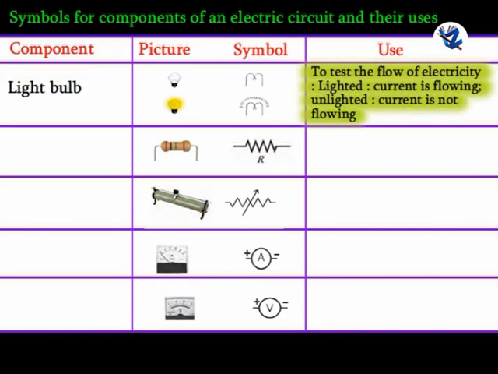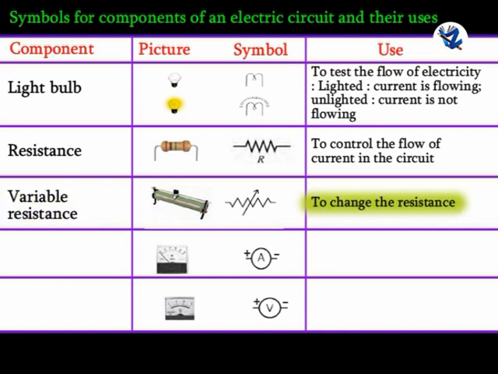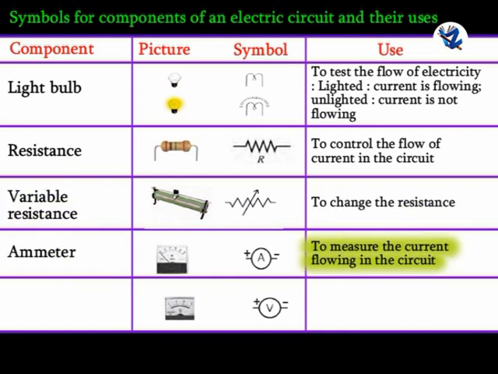Light bulb to test the flow of electricity. When the current is flowing, it is lighted. When the current is not flowing, it is unlighted. Resistance is used to control the flow of current in the circuit. Variable resistance to change the resistance. Ammeter to measure the current flowing in the circuit.